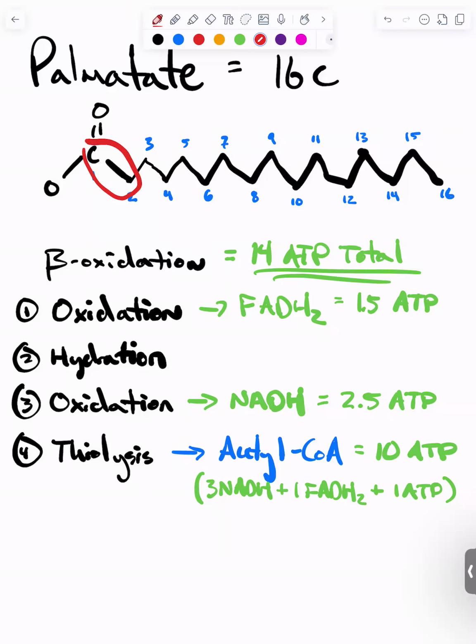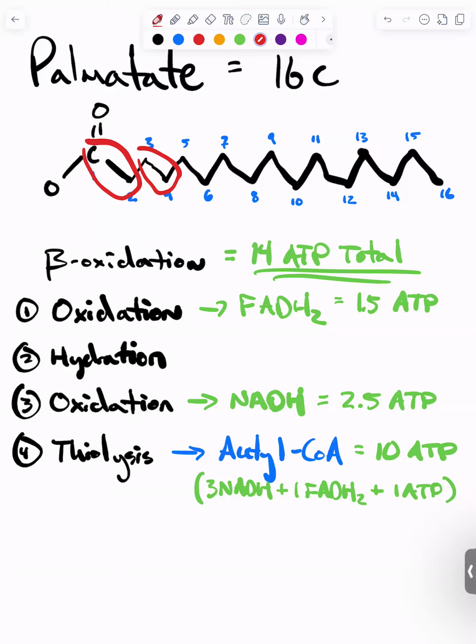And then we break off these 2 carbons. And so this thiolysis step is coming in and breaking those 2 carbons off, because coenzyme A has that thiol group, and that's what attaches those 2 carbons to coenzyme A.